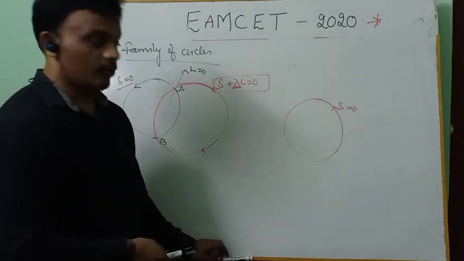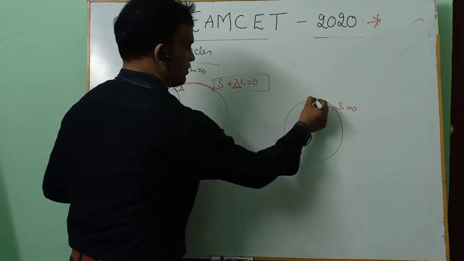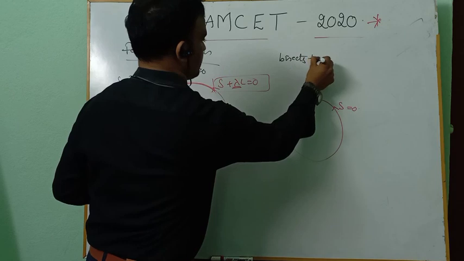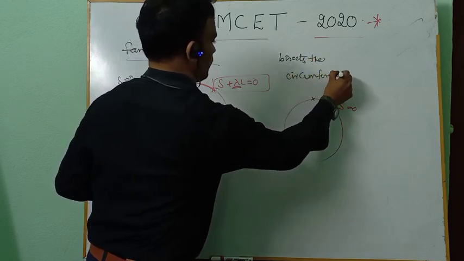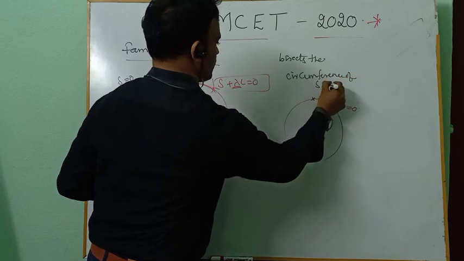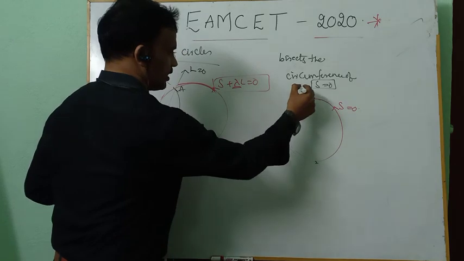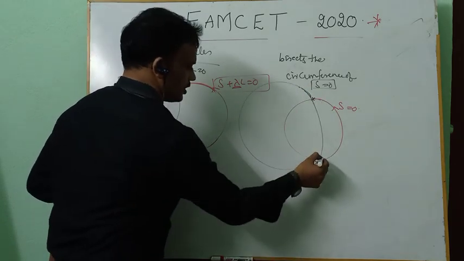Now, what is the equation of the circle which bisects the circumference of the circle S equals 0? That means the required circle is passing through the common points.